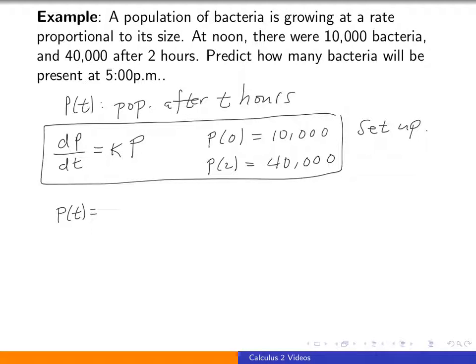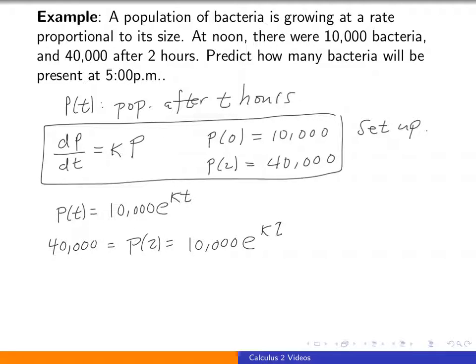P of t equals initial population, e to the kt. And then we need that second piece of data to solve for the k. So when we plug in 2, we get out 40,000. So 10,000 e to the k times 2.